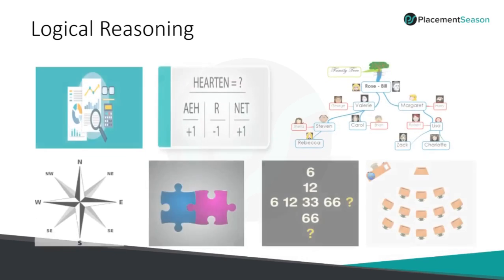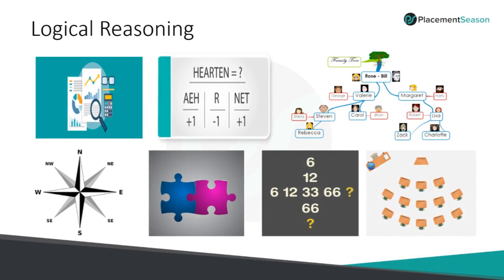So the various topics that will be covered are coding, decoding, direction sense, blood relations, sequence of words or sequence of numbers, analogy, patterns, data sufficiency, decision tables, circular arrangement, linear arrangements. So you can have any type of questions in logical reasoning which would evaluate your analytical skills.